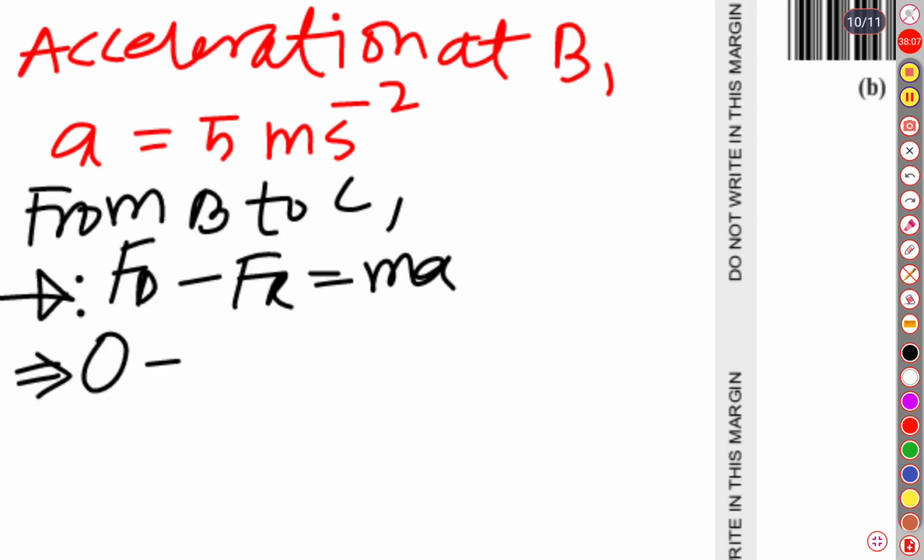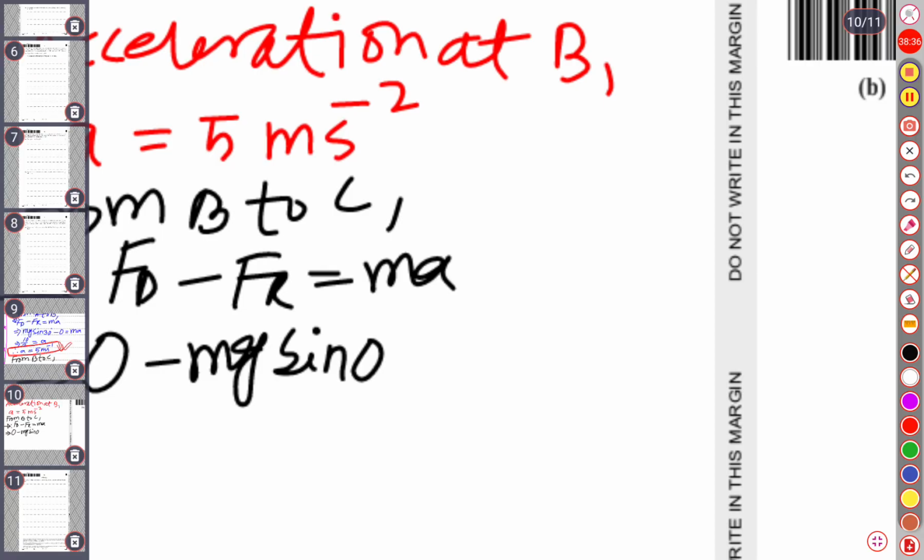And if you calculate weight, it is going to be mg sin 0 degree. If we talk about the weight causing the resistance to motion, then it is mg sin 0. We have written so on the previous page also.